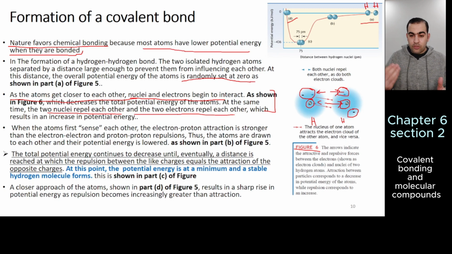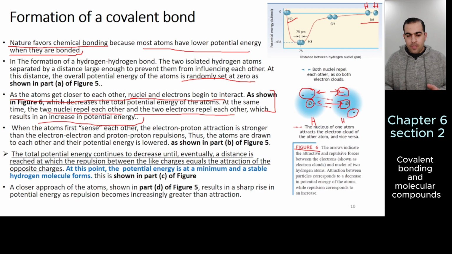That's why two electrons repel each other, which results in an increased potential energy. Repulsion causes an increase in potential energy. So at the beginning, when they get closer, we have attraction between nuclei and valence electrons, and repulsion between two nuclei and two electrons. Attraction causes the potential energy to decrease, and repulsion causes the potential energy to increase.